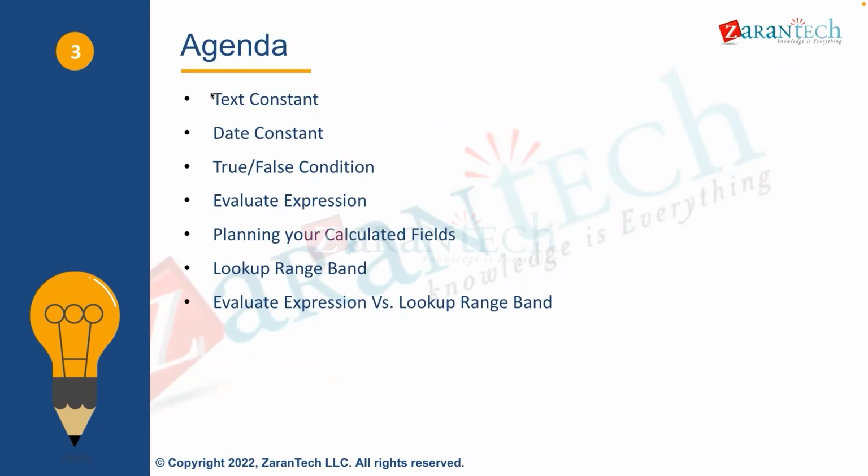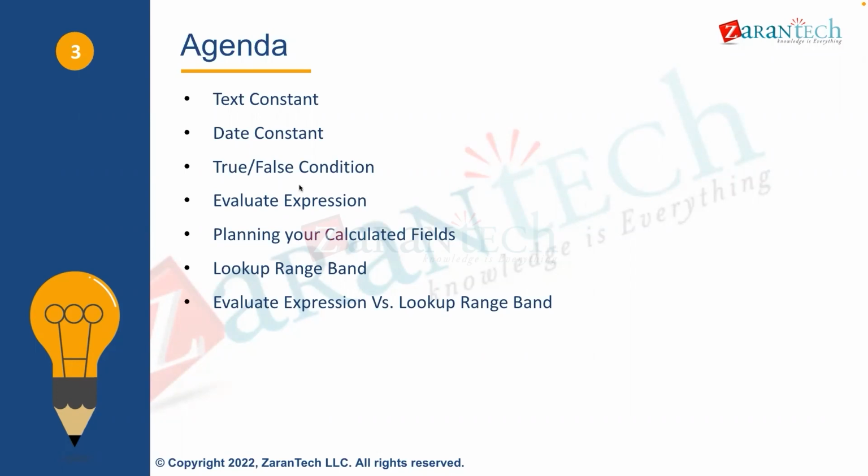And now, based on these three fields, we'll be creating some evaluated expressions. If the employee has a primary address blank, give me a value called no address found. If the employee doesn't have the primary address blank, give me the value called address is found, address is available maybe.